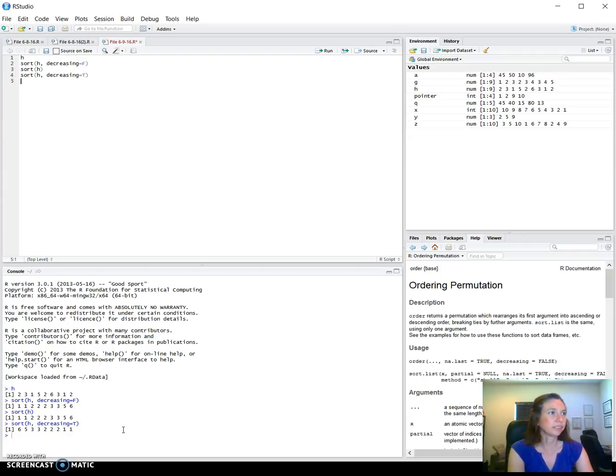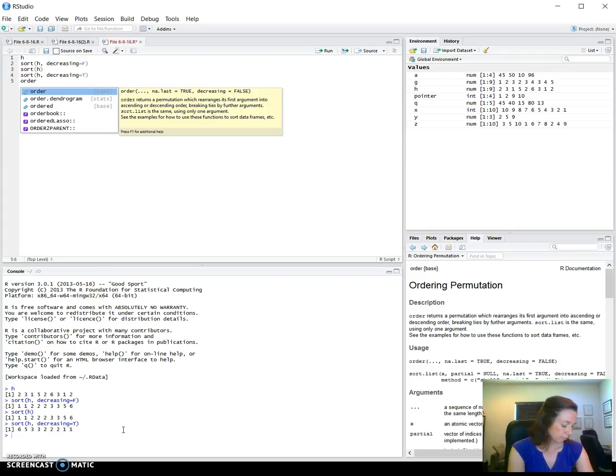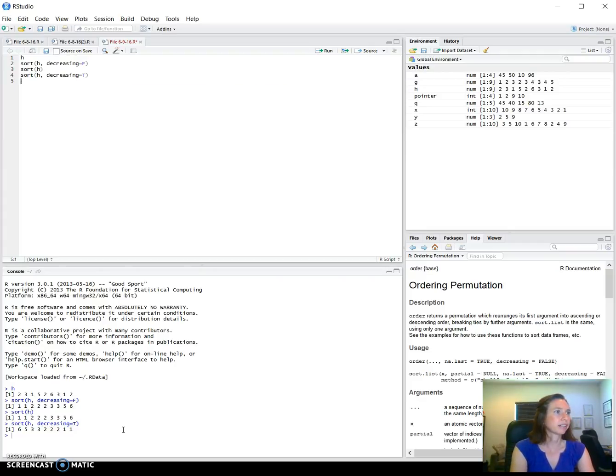So the last one is order, and I'll do the one that he has in the book. Oh, we have to assign into a new variable, and actually we can already see it here, and it looks like I already have it in the same order.